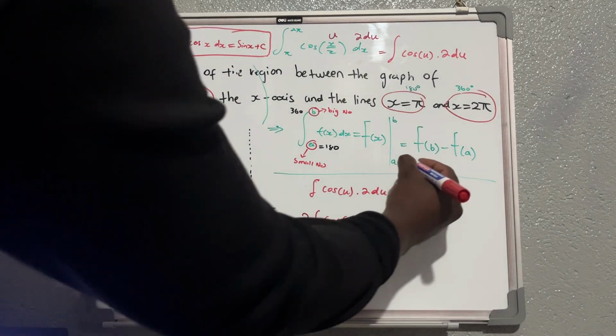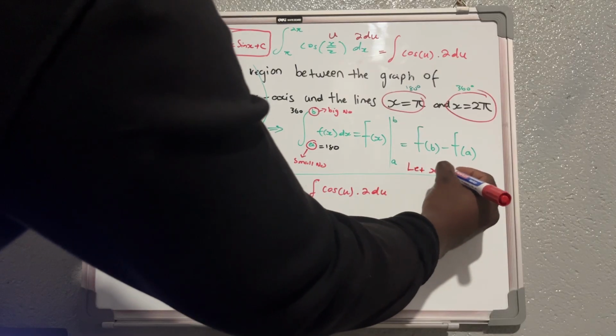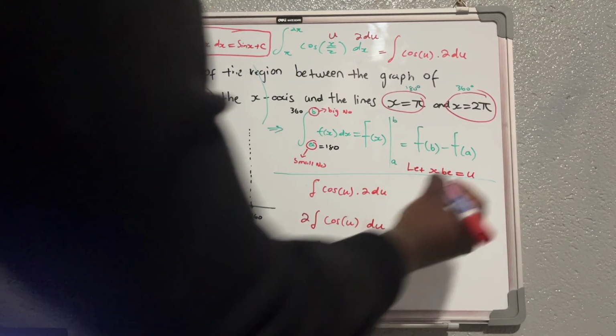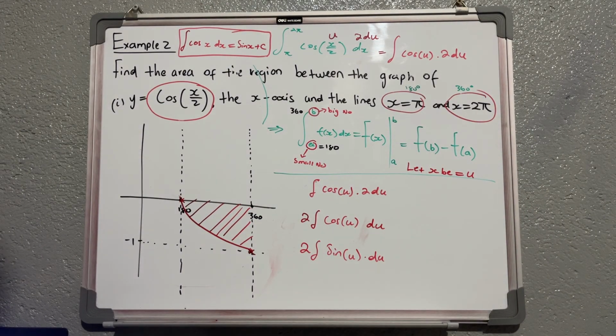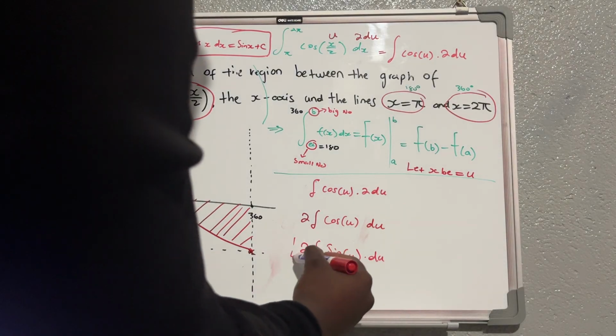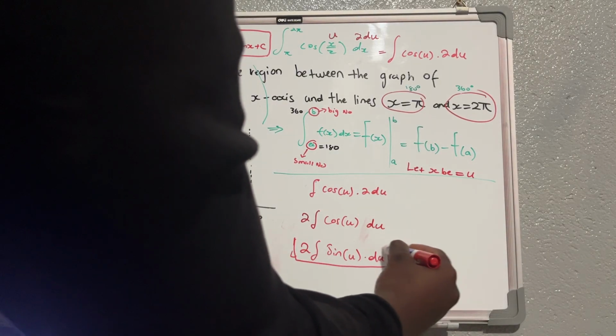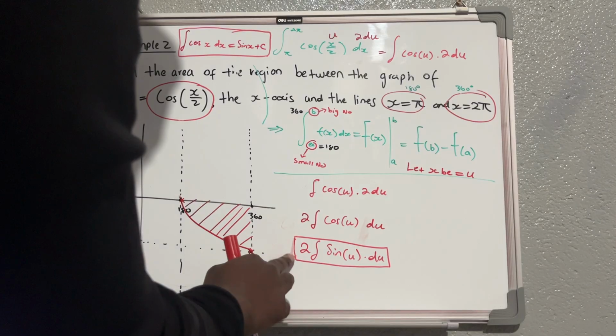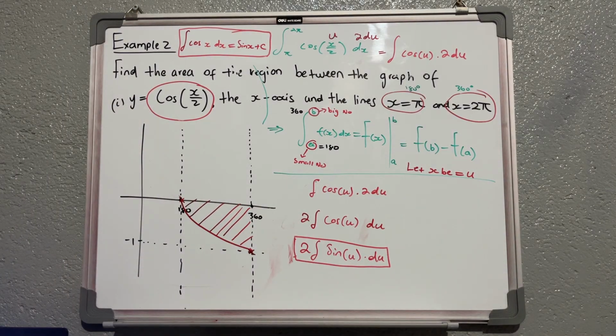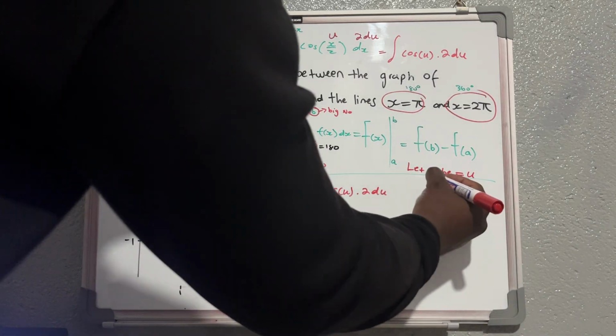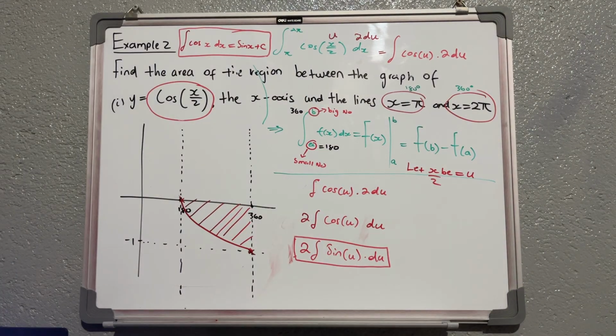Remember, I said let x be equal to u. So since now I'm at the last stage, I can go back and input the original values that we were given, because we were given, oh no, it's not x, let x over 2, sorry for that mistake. I said let x over 2 be equal to u.